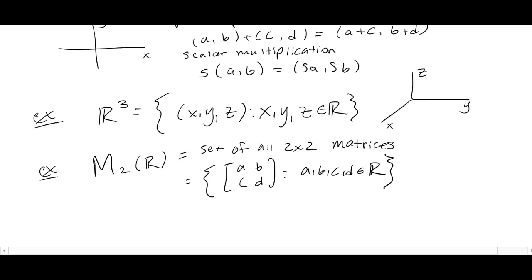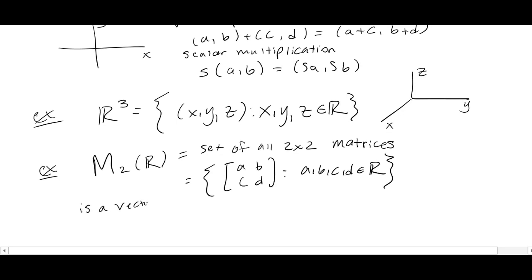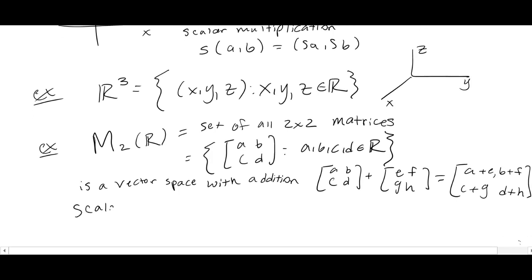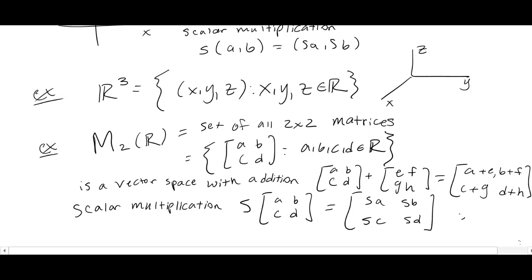So that's a vector space, with vector addition, which is just the usual addition of matrices, component-wise: B plus F, C plus G, D plus H. And then scalar multiplication: you just take a number and multiply each entry by that number. That's the scalar multiplication here.